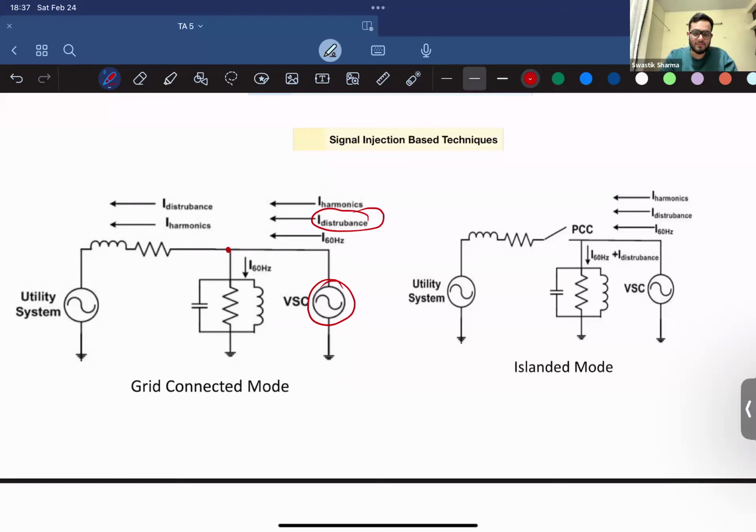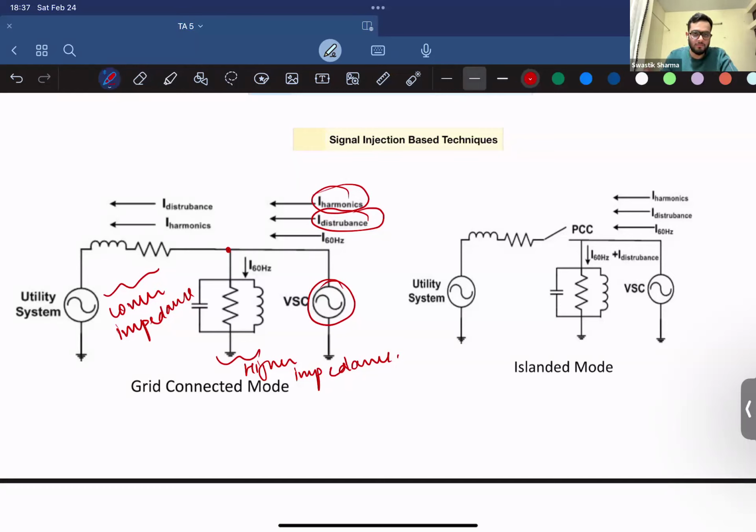But how do you tell it? The grid generally has lower impedance, and your load generally has a higher impedance, right? So your disturbance and the harmonics injected by your system, because you're injecting a disturbance, there will be associated harmonics as well.